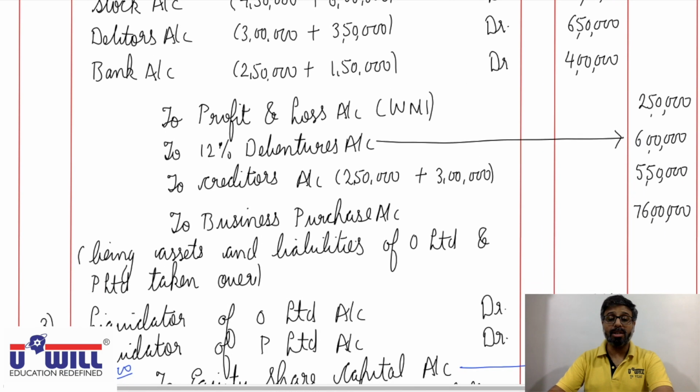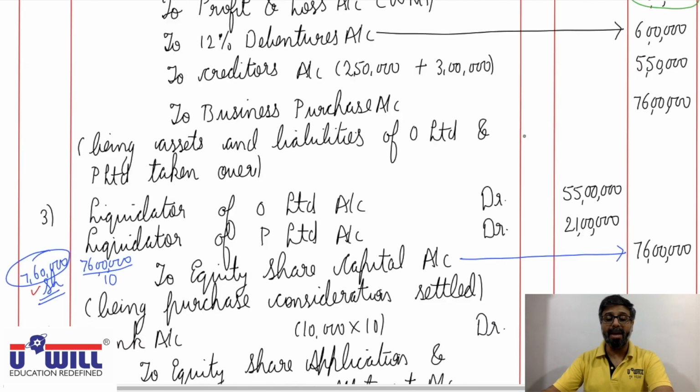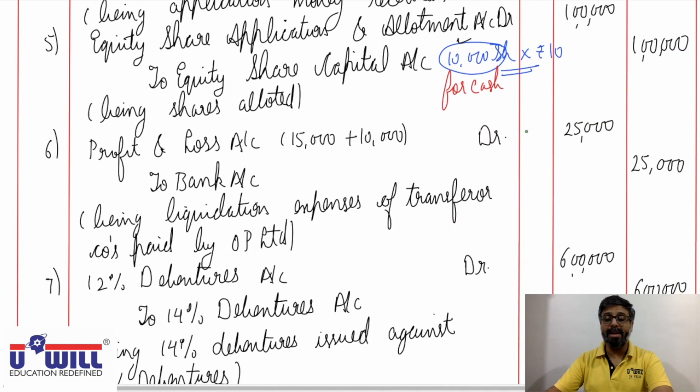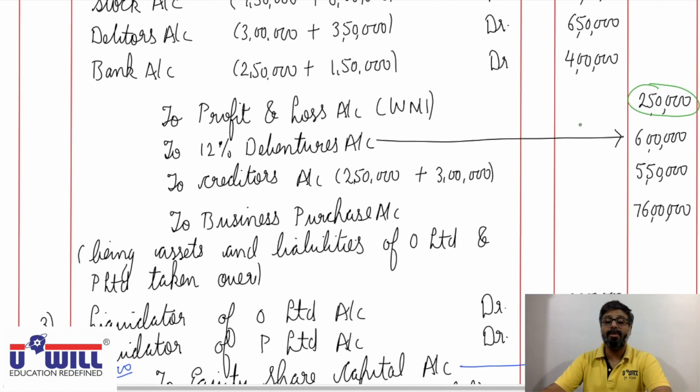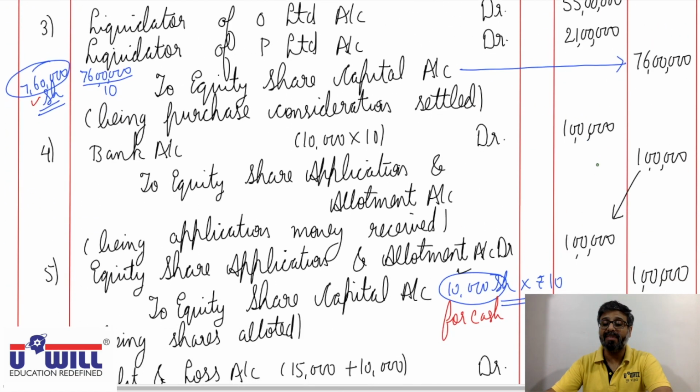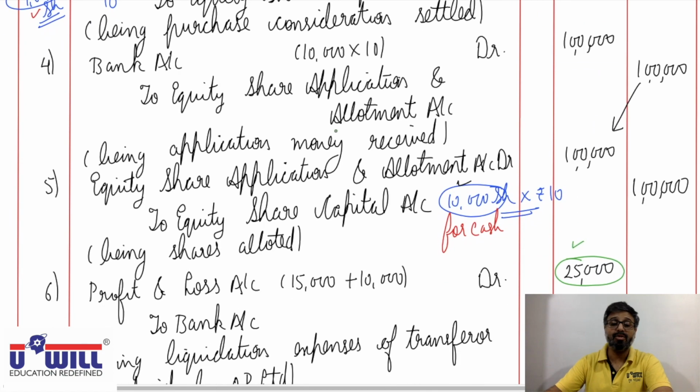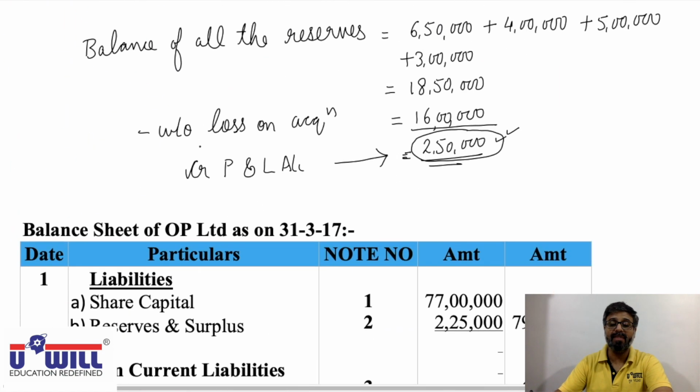Now profit and loss account, what we credit in entry number 2 is 2,50,000 minus what we debit for liquidation expenses, 25,000. So what P&L account balance will come in reserves and surplus? 2,50,000 minus 25,000, 2,25,000.